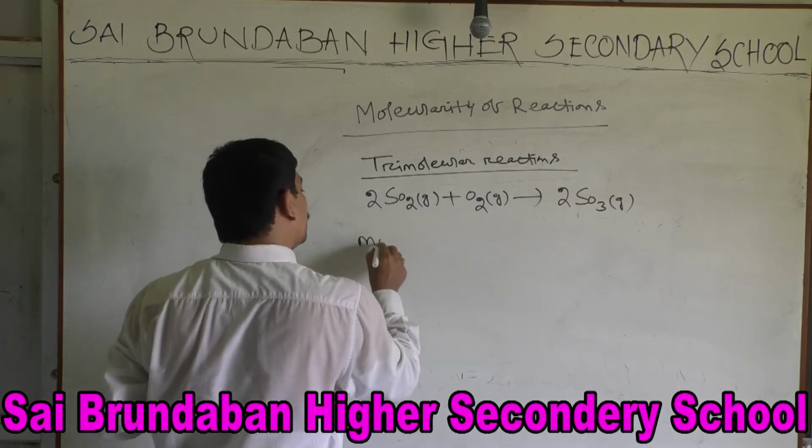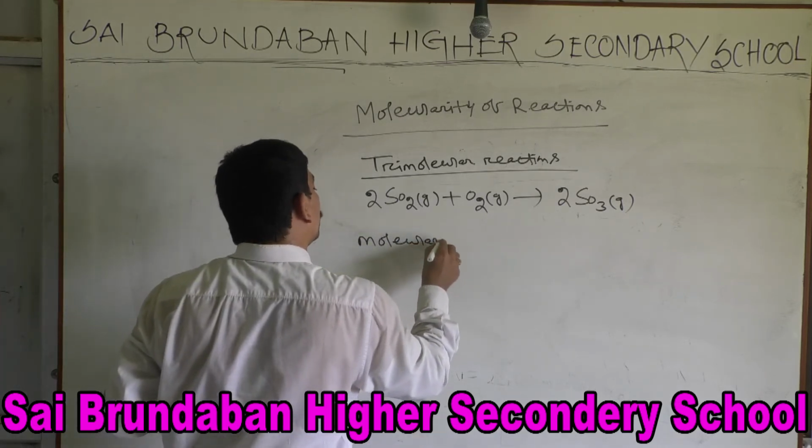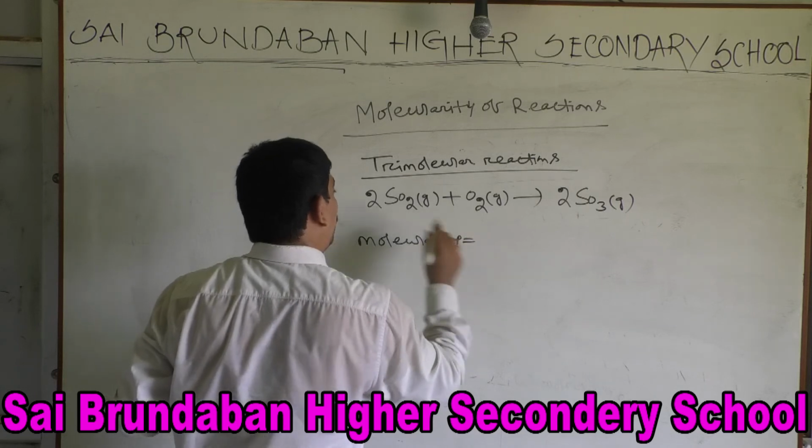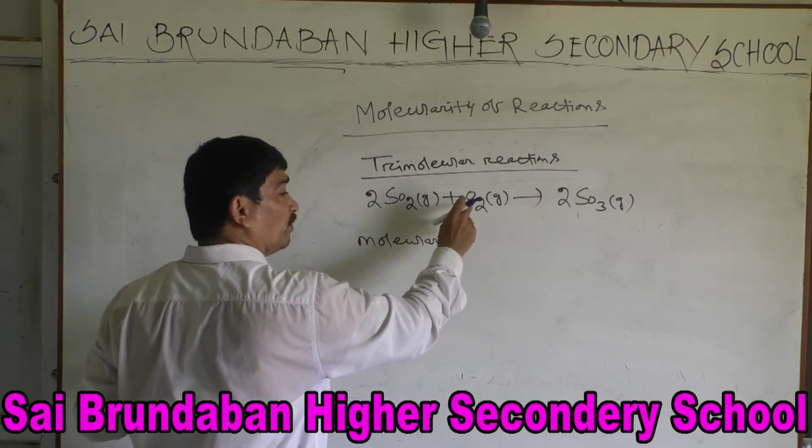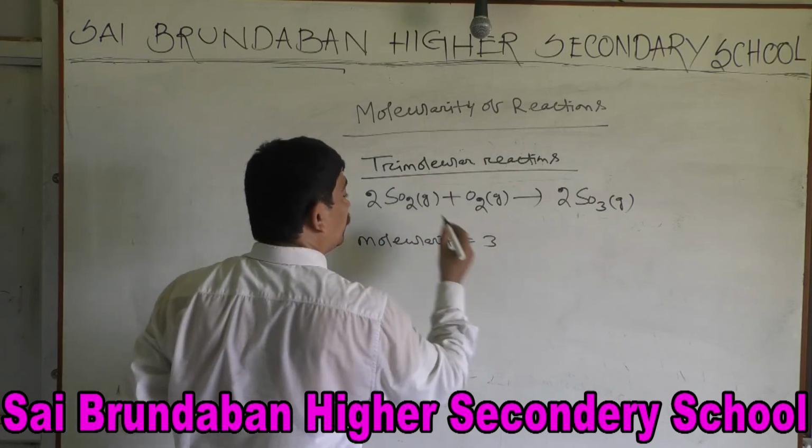So here what is the molecularity? Molecularity is 2 plus the coefficient, which is 1. 2 plus 1, that is 3.